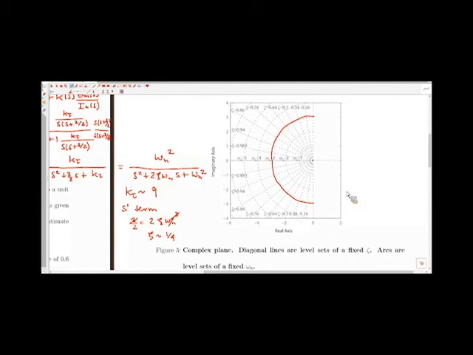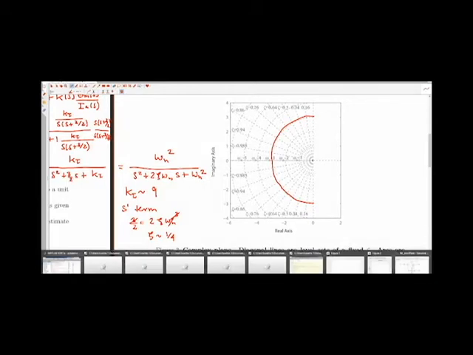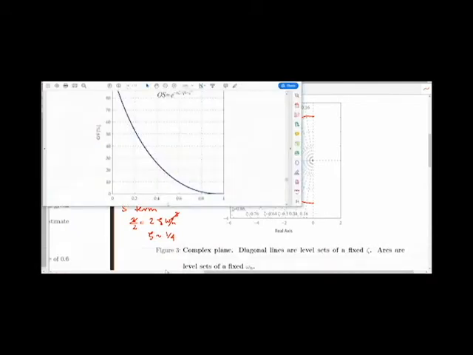And then we also want to establish that we want to have an overshoot less than 15%. So looking at this map, 15% overshoot corresponds to a zeta of around 0.5, right, for a rough approximation.